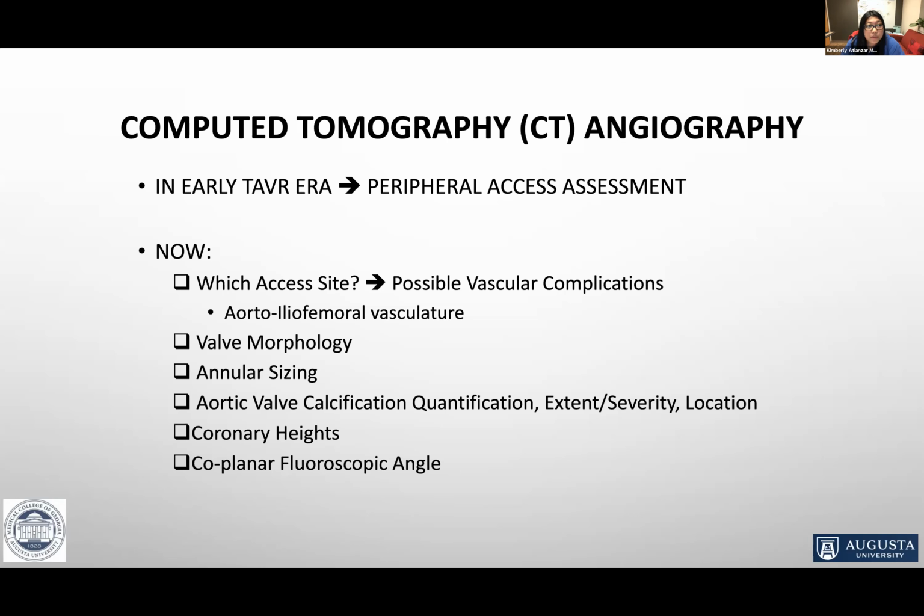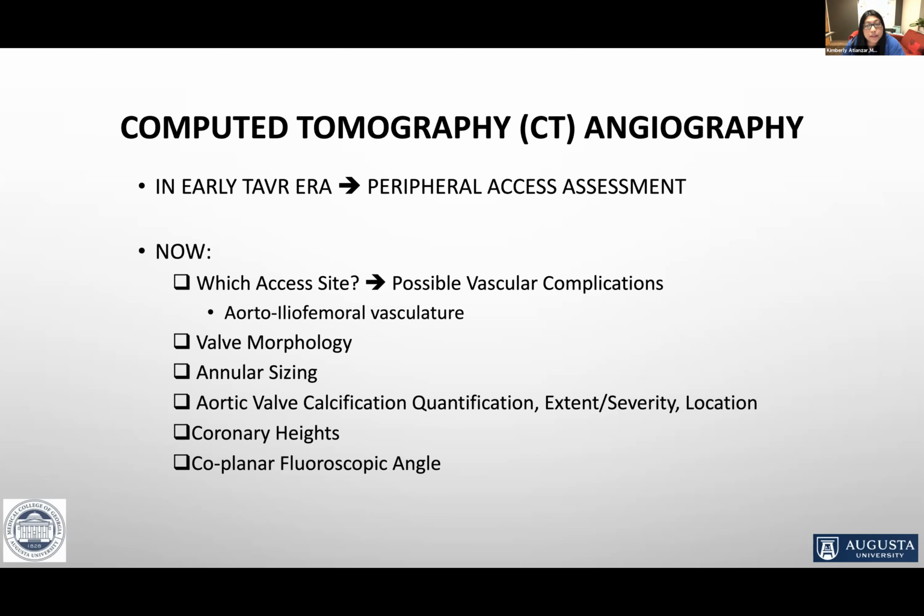And why is this important? This can help reduce the need for repeat pre-deployment root angiography. Therefore, it helps save on contrast usage, radiation exposure, as well as procedural time. And then lastly, of course, it comes down to access site, and it helps prevent possible vascular complications.